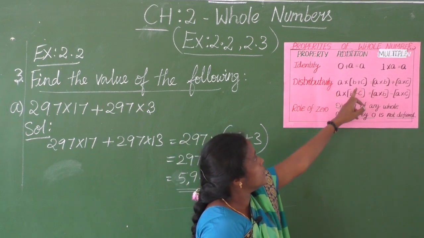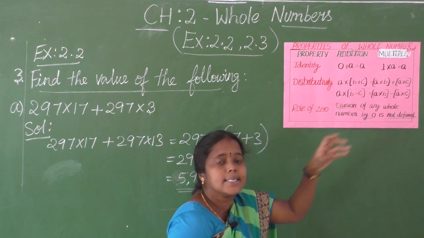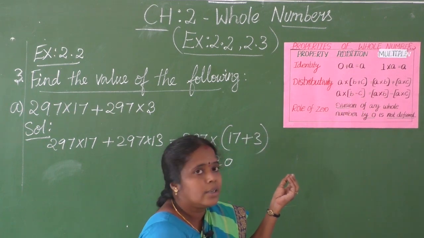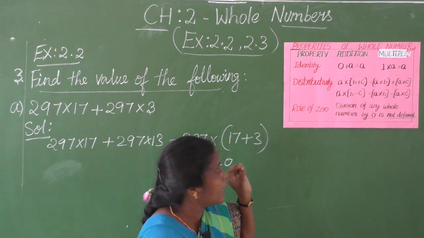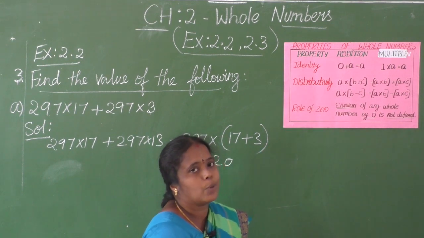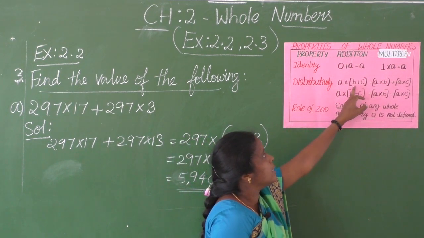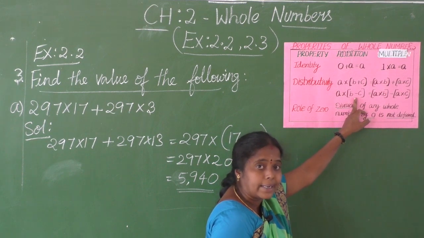Multiplication over addition, multiplication over subtraction. Clear? Two operations are involved at the same time. Which property? Distributivity only. So there are two cases: multiplication over addition, multiplication over subtraction.